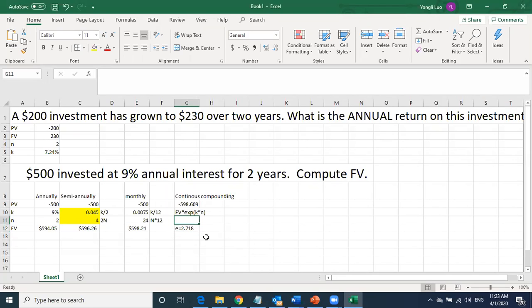So if you do the present value times 2.718 raised to the power of k times 2. But in Excel, you can use the exponential function. Otherwise, this is pretty close, right? You can see these two numbers are very close. So you can do 2.718, or if you do not have a computer, calculate the continuous compounding value by hand.